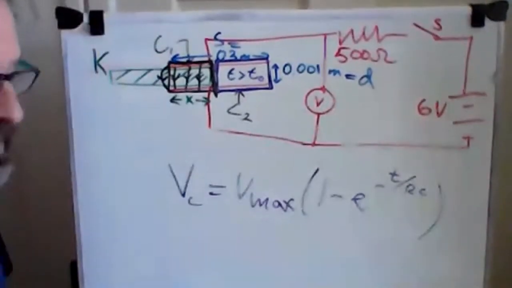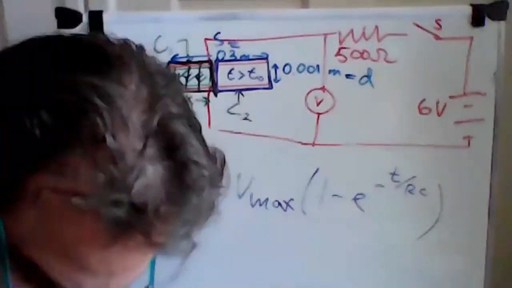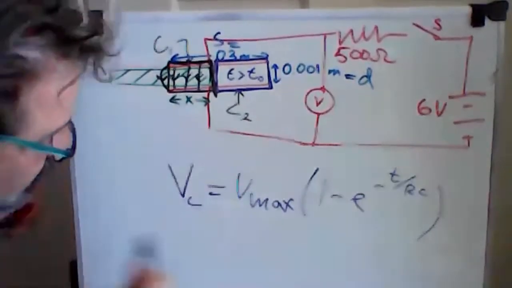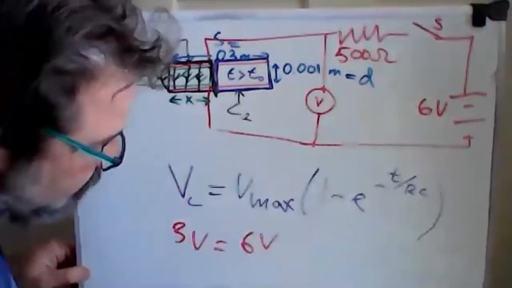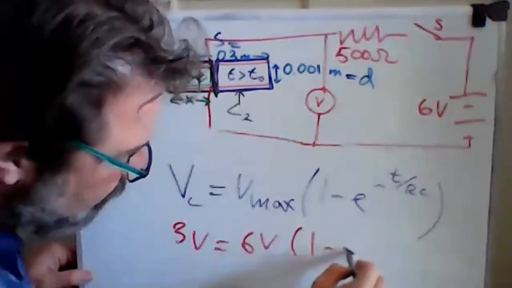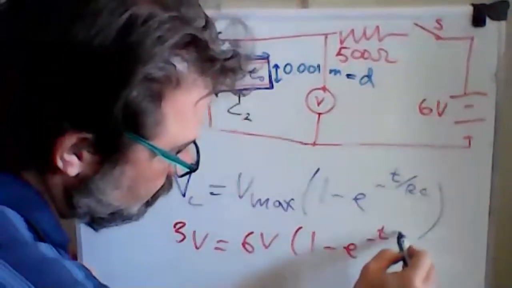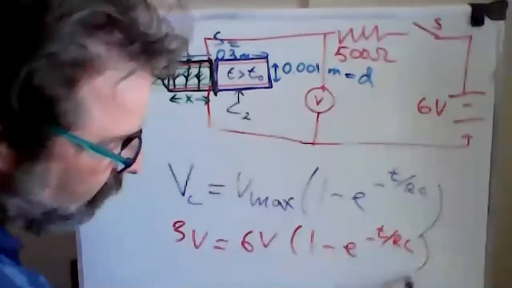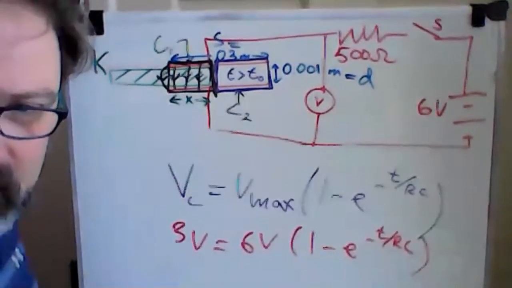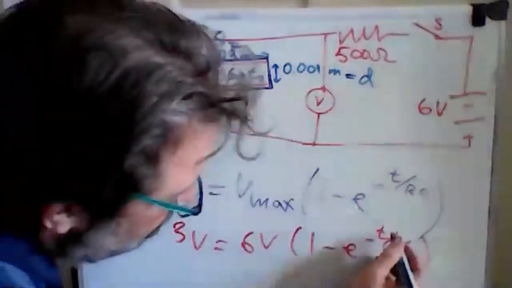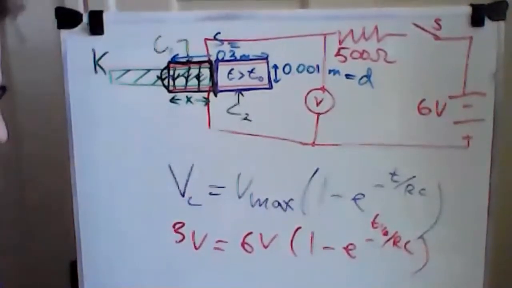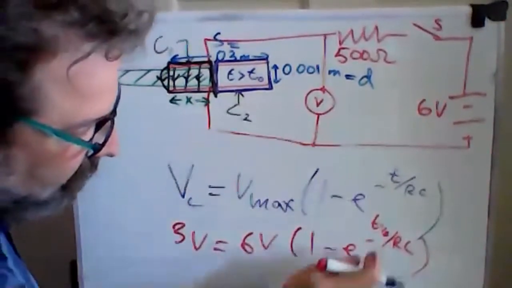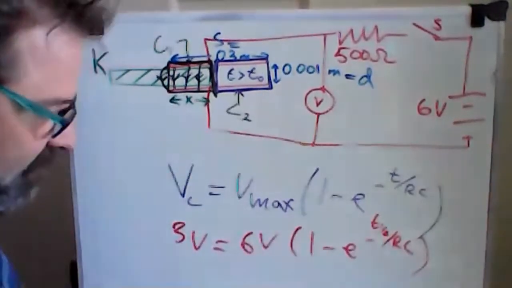So if we're looking for the half voltage, we're just looking for 3 volts equals 6 volts times 1 minus that. And this is T1/2 here. I'm going to clarify that. So this is T1/2 at this point. Now we know everything in here besides this, so we can solve it.